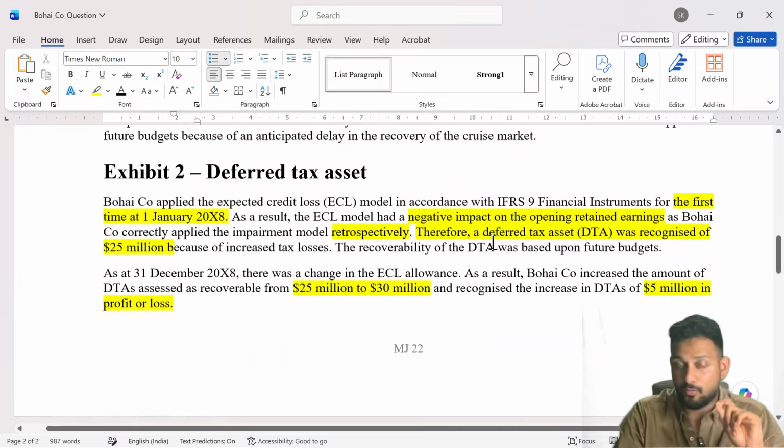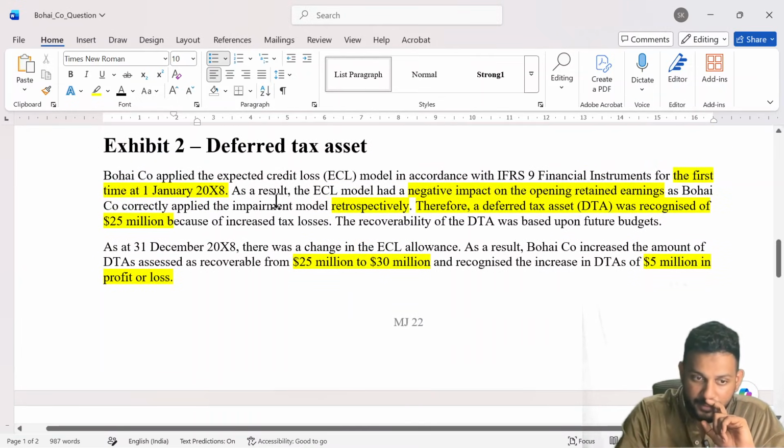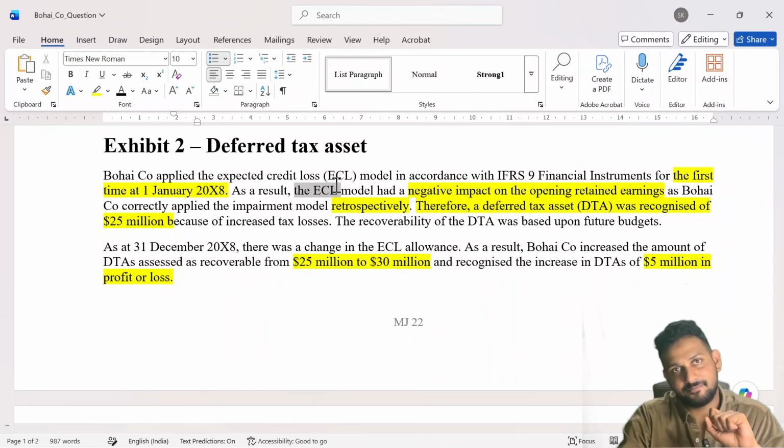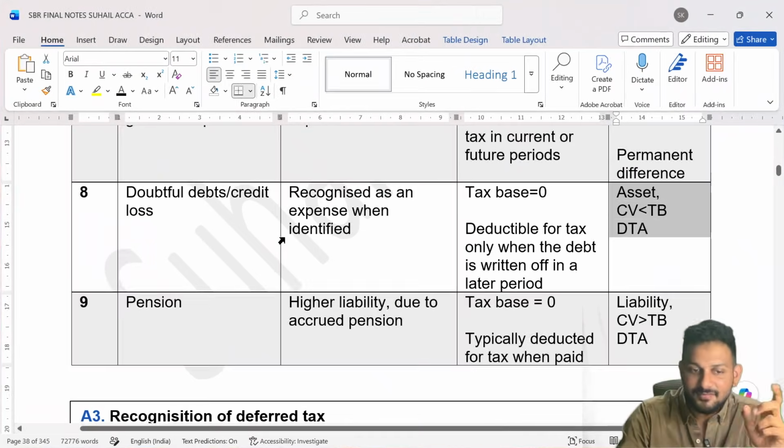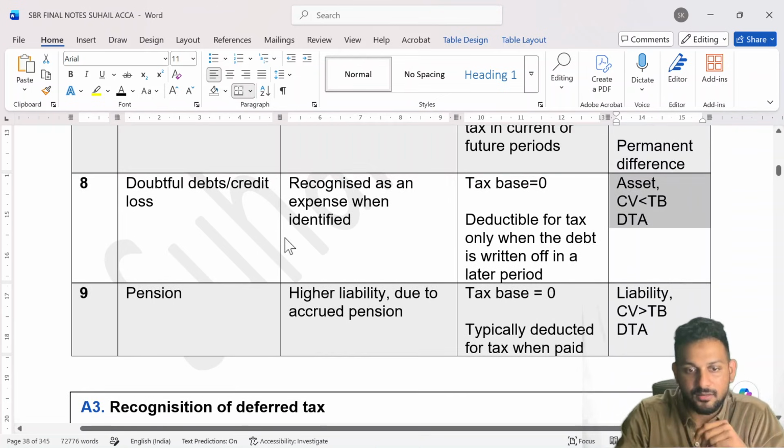Also one more point. See, there's expected credit loss. Due to expected credit loss, there will be a deferred tax asset or liability. Let's go through the notes.